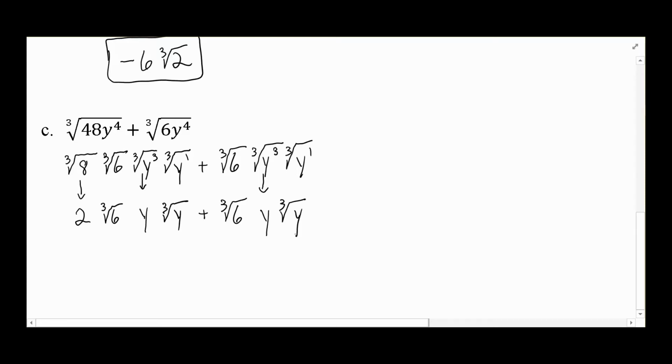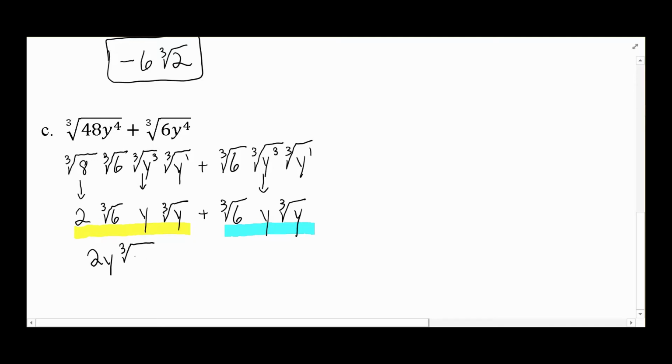And now let's clean it up. Now in the clean it up step, we're going to clean up everything to the left of the plus, and then we'll clean up everything to the right of the plus. So keep in mind each of those are their own individual terms, and so they get cleaned up independently of one another. So for the highlighted yellow one, the stuff outside the radical is 2 times y.